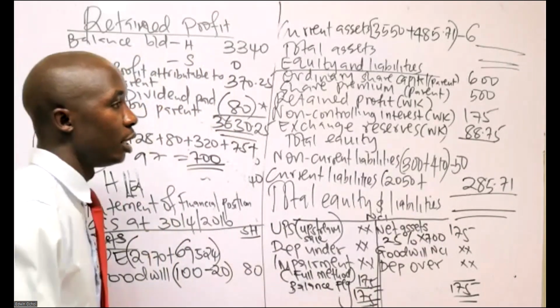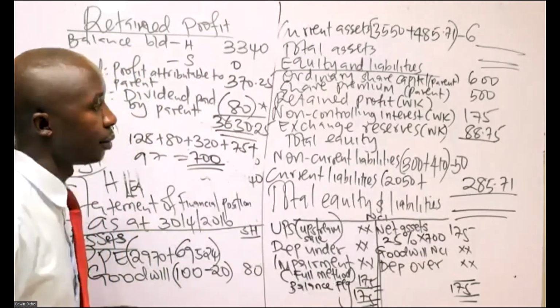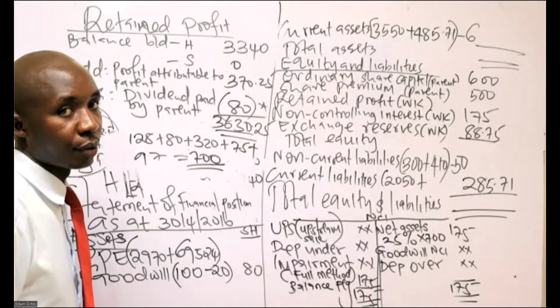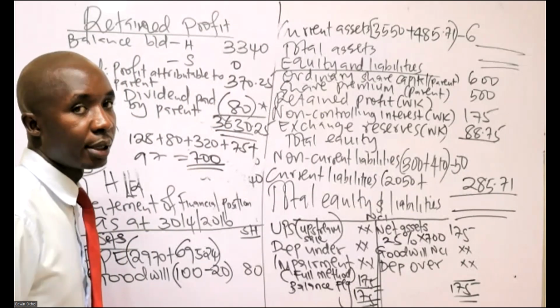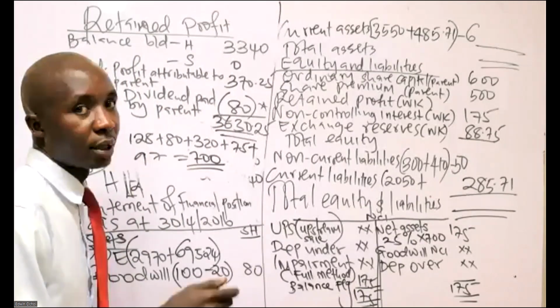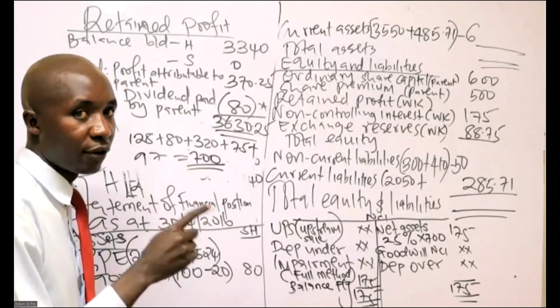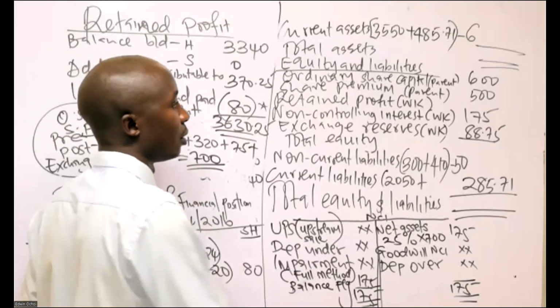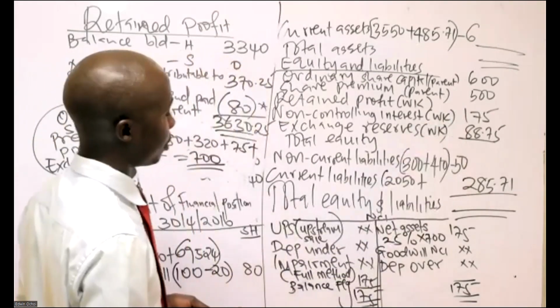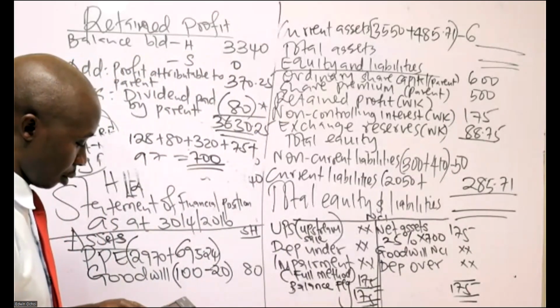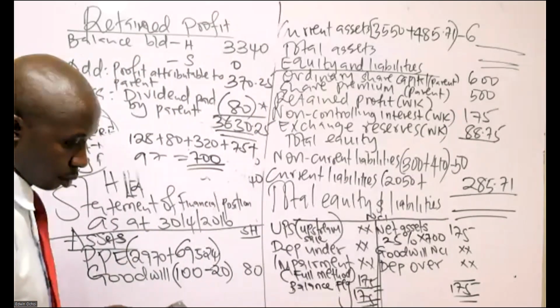When you change the exchange reserve, it should be 97, not 88.75. Correct. Remember that it was not only for goodwill. There's that 97 plus the one for goodwill, 16. Then 25% of 97 is 24.25. 113 minus 24.25 is 88.75.